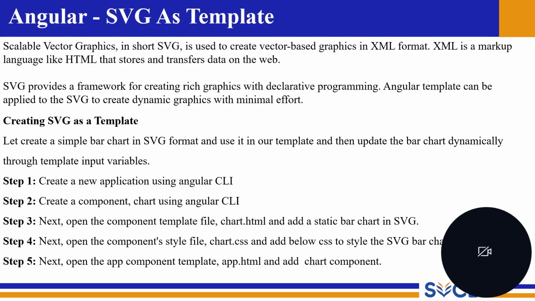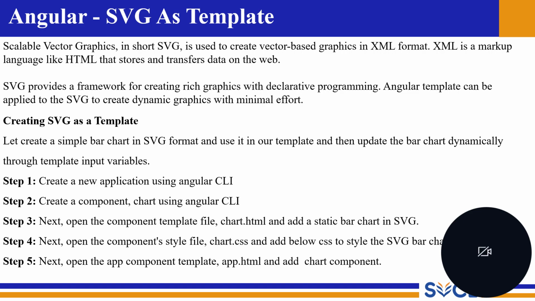First one, create a new application using the Angular CLI. Step 2, create a component chart using Angular CLI. In step 3, open the component template file chart.html and add a static bar chart in SVG. In step 4, open the component style file chart.css and add the below CSS to style the SVG bar chart.